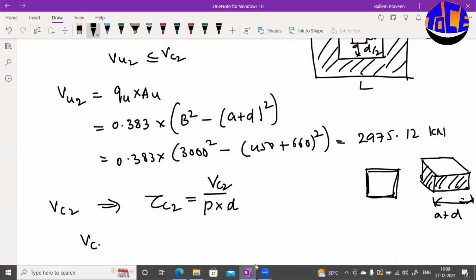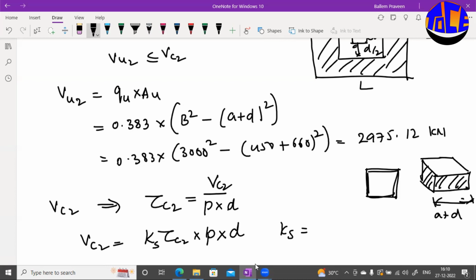VC2 is equal to K into tau C2 into perimeter into D. Here K will be the coefficient which will be calculated using Ks.